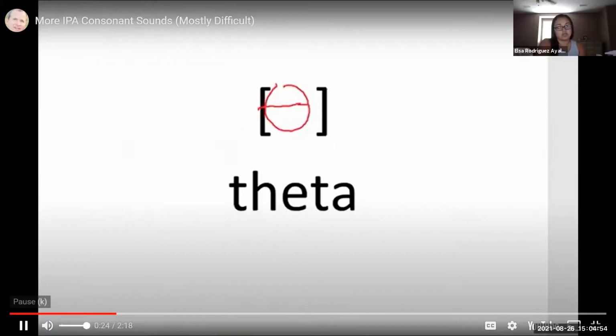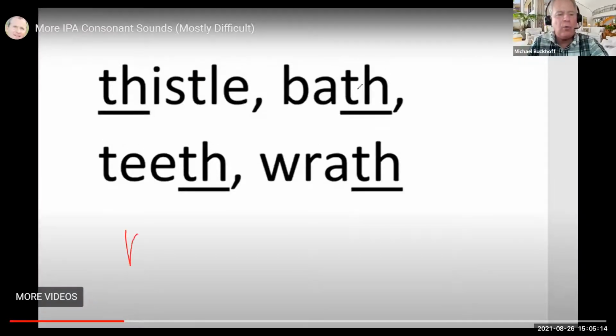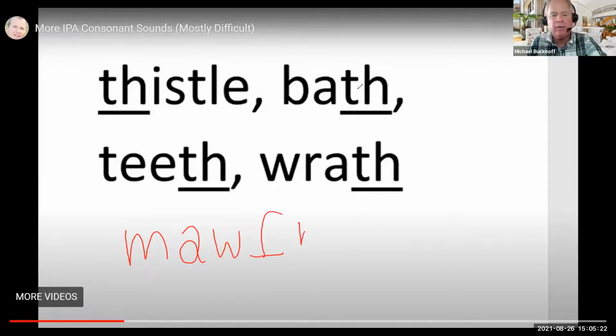I have a quick question. The theta. Yes, go right ahead. Can you give an example of how you would transcribe one of the glottal stop words that you were showing? Yes. Let me see. It's pretty freaky. The glottal stop is kind of like a question mark.